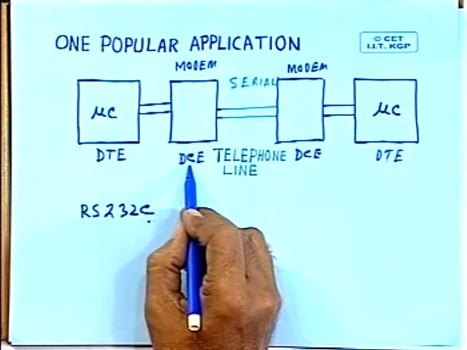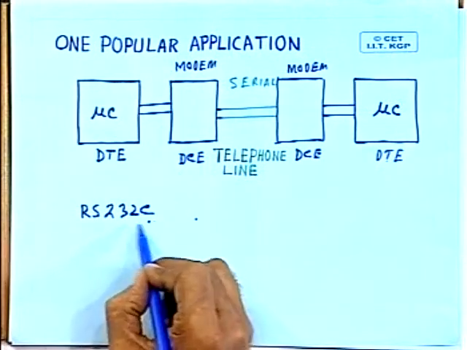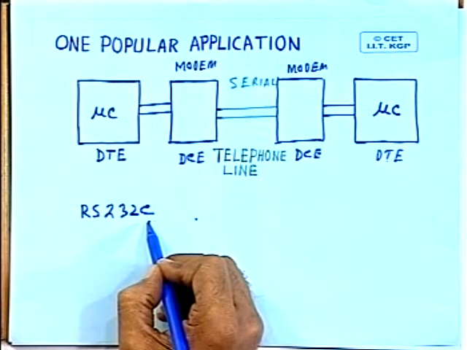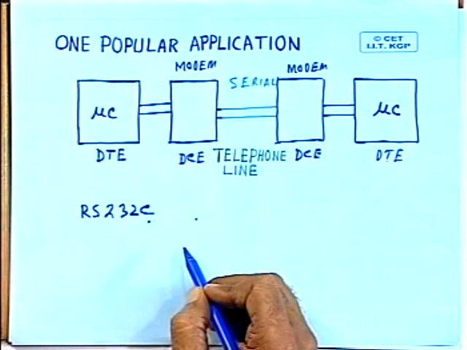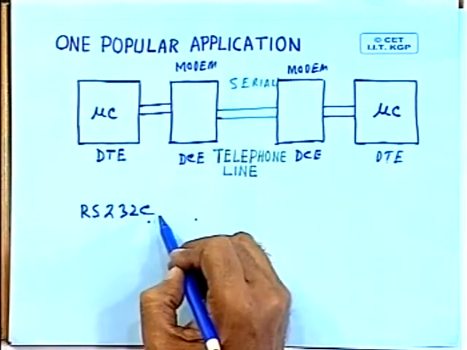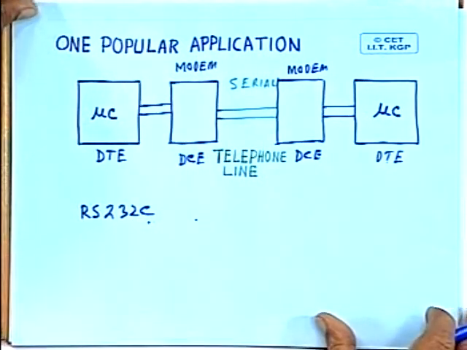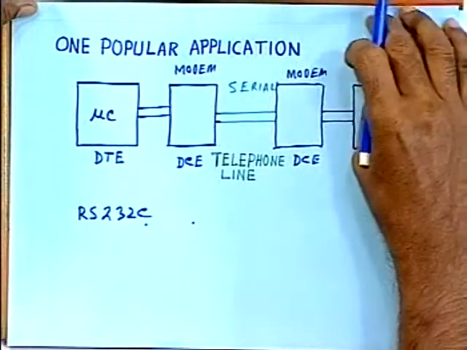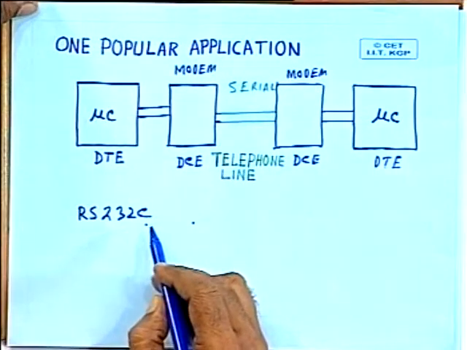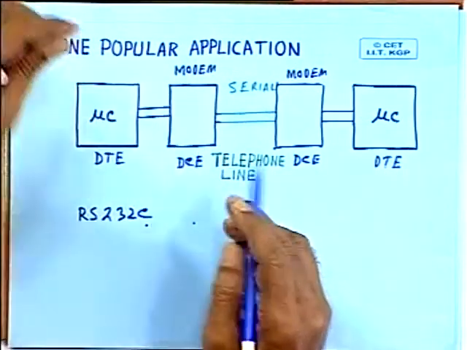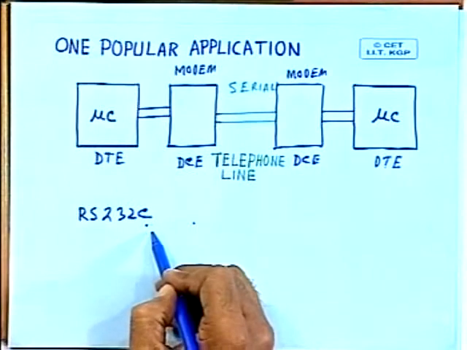So the DTE and DCE interface is known as RS-232C, a serial link of the type I have just discussed, and it is widely used. Let us briefly discuss this standard interface, and see how it can be used to interface a modem. Not only modems; nowadays various input output devices like printers, plotters, and various other devices are also interfaced through RS-232C.